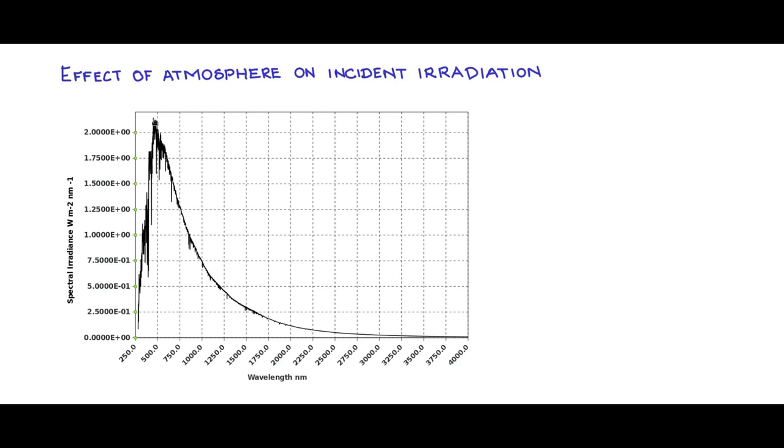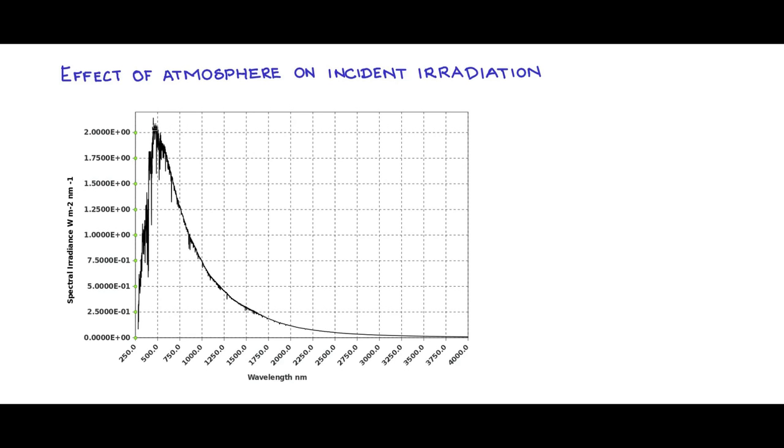The spectral irradiance that is incident at the edge of the outer atmosphere of the earth is something like this. This is the extraterrestrial irradiance. And now what will happen when it goes through our atmosphere?